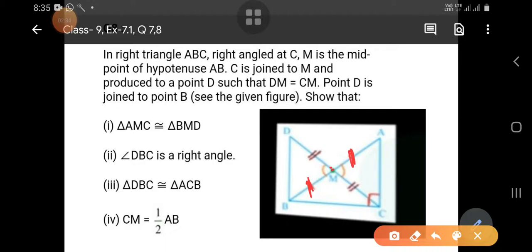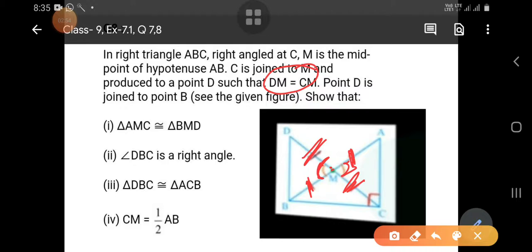Again, we joined C and M in such a way that MD and CM are equal. It is already given, so these two sides are equal, and the angle AMC is equal to this angle.